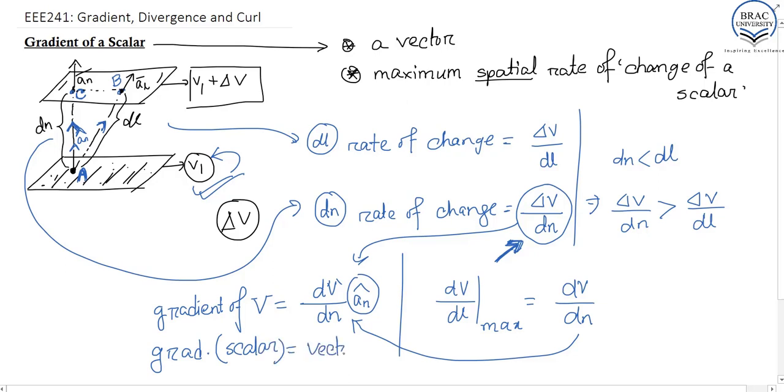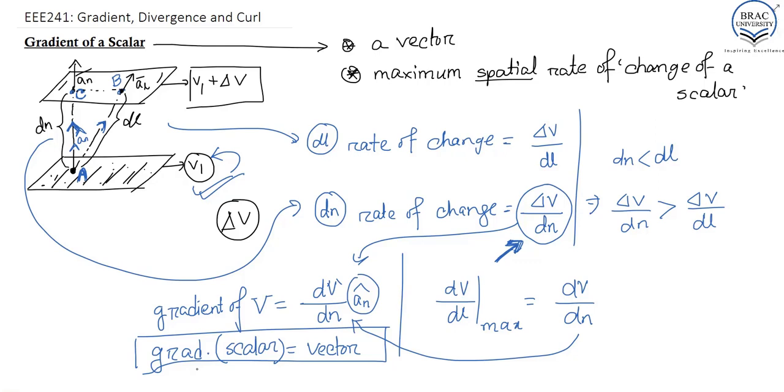Okay, so this is an important part. Gradient is an operator that is always applied on a scalar, and it gives you a vector that denotes the maximum rate of change of the scalar and the direction you have to traverse to get that maximum rate of change. Okay, this operator over here is written with this notation that is called nabla, or the del operator.